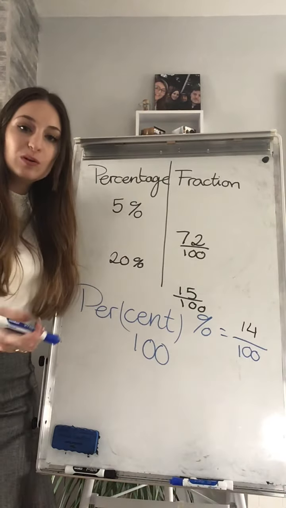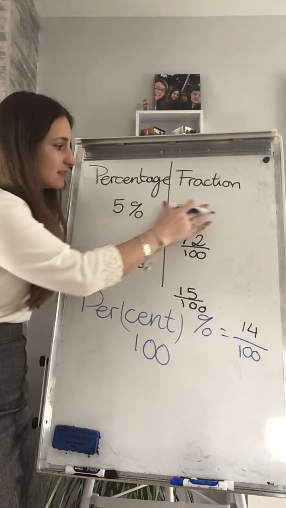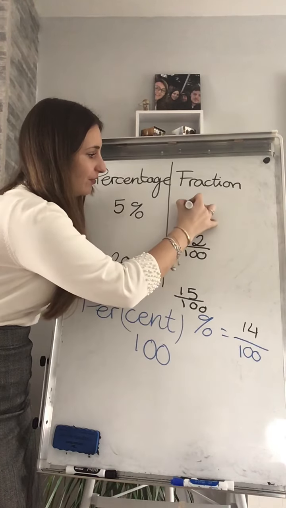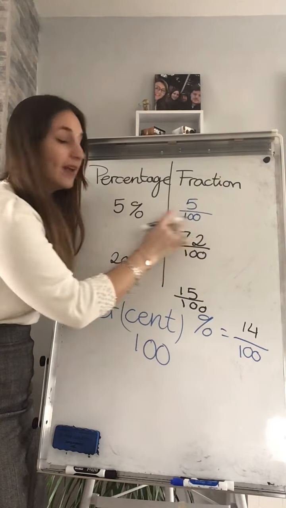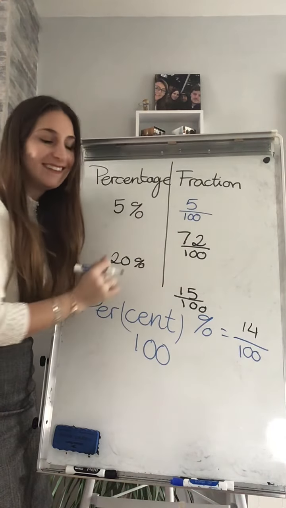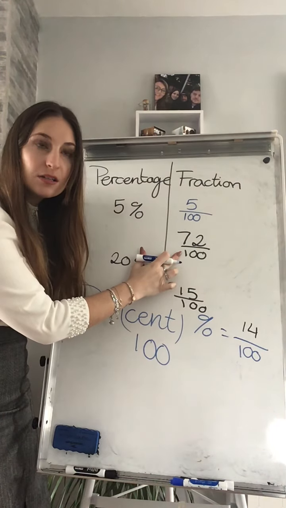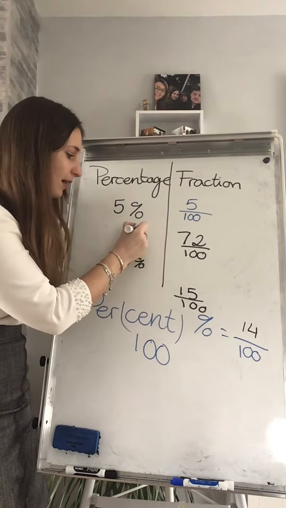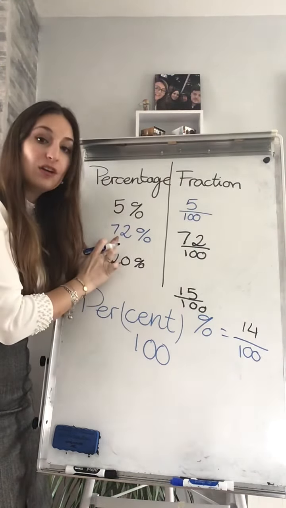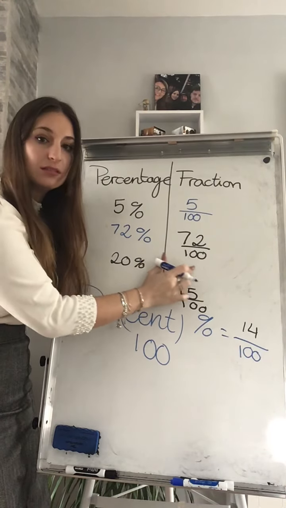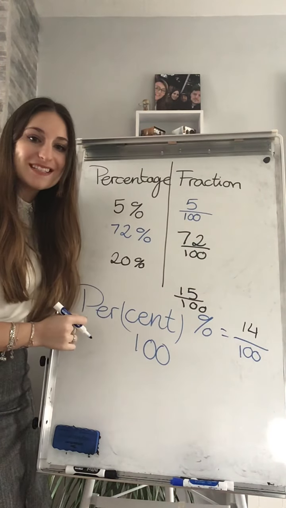Okay, I guess that you have all done it now. Let's look at my 5% as a fraction. I know that I have 5 out of 100. So I have 5 hundredths. Okay, now this time I have 72 hundredths. So I know that out of 100, I have 72. So percent, it's 100, I have 72. 72%.